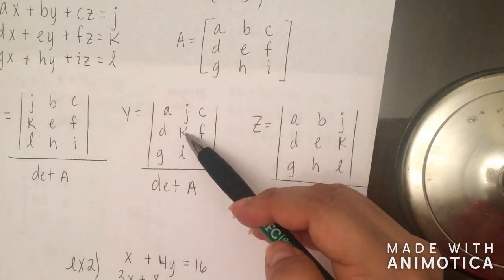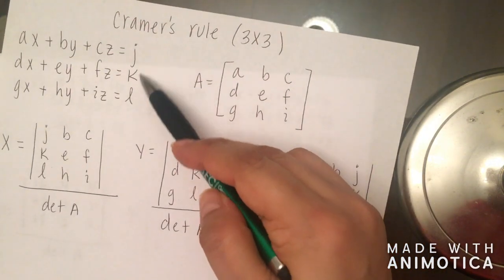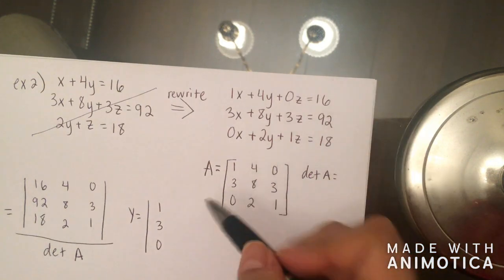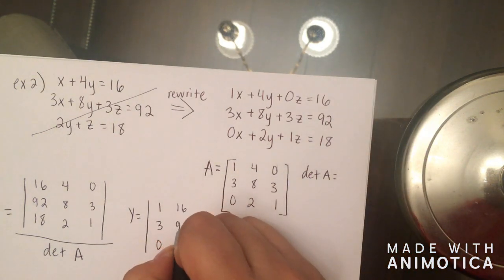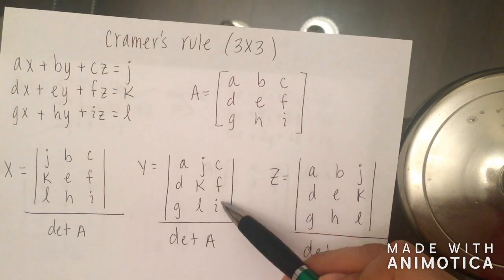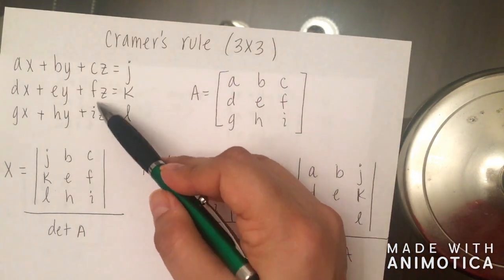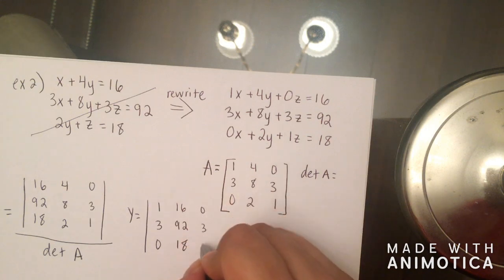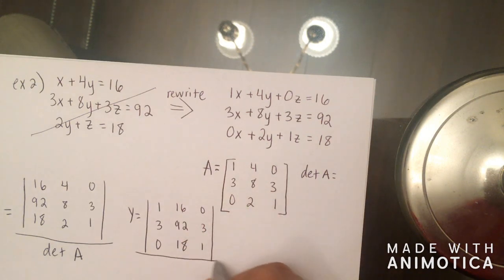And then JKL are the constants. So that will be 16, 92, and 18. And then CFI. CFI are the coefficients in front of the z's. So 0, 3, and 1. And that is divided by the determinant of A.